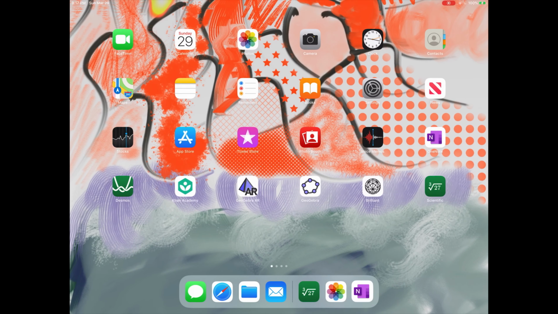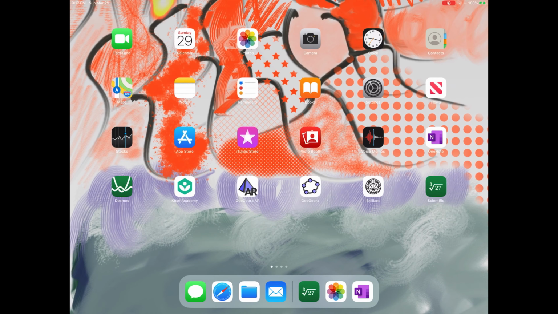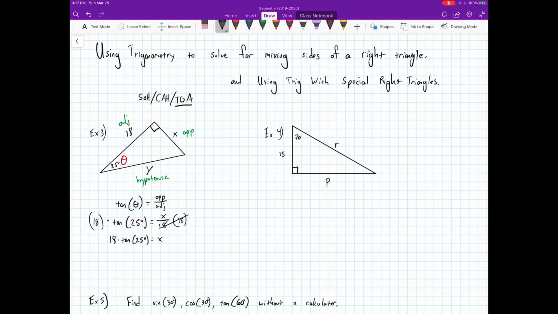So I'll switch to the calculator, and I do 18 times tan 25, in degrees, end parentheses, equals, and I get 8.39 after rounding, right? So x is about 8.39.